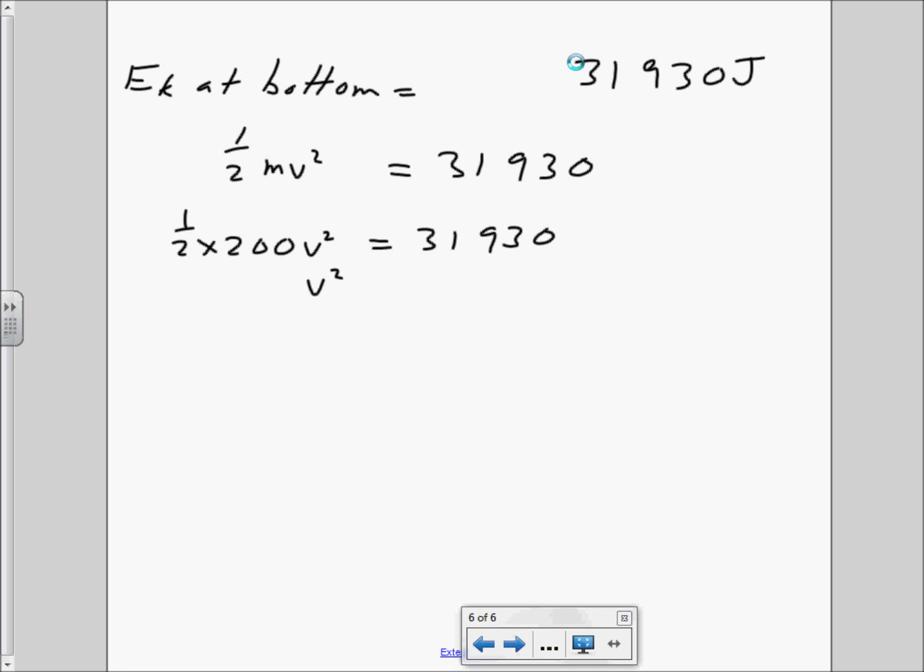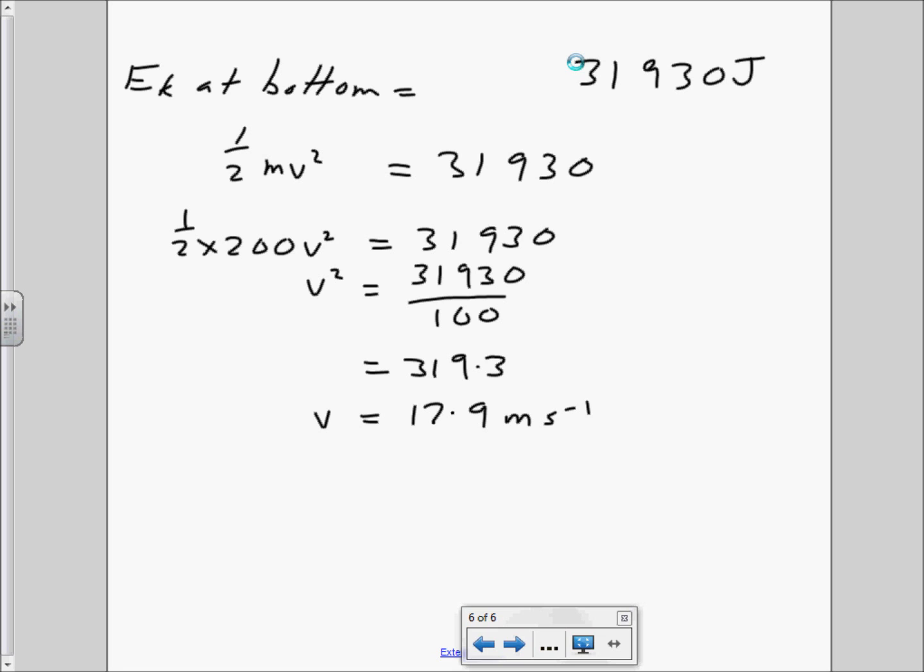So v squared equals 31930 divided by 100 equals 319.3. Don't forget at the end of the problem to take the square root, because if you forget that, well, you ain't there. Right, square root of 319.3, 17.87, make that 17.9 meters per second.